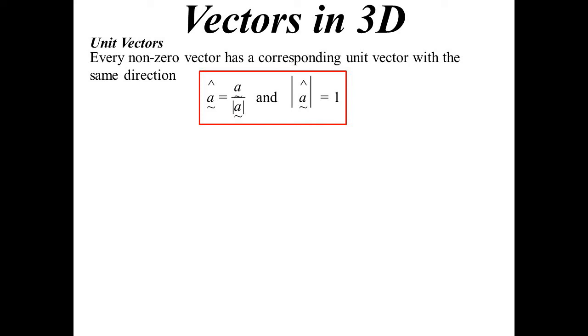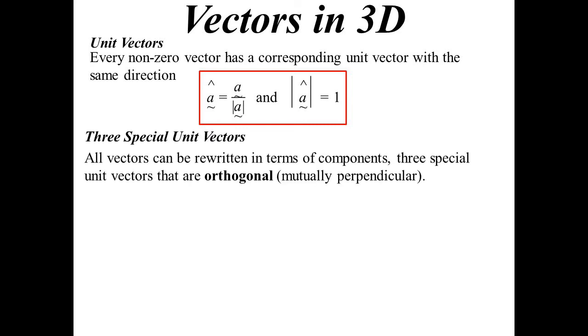If you want to find the unit vector, remember the symbol for the unit vector is the caret symbol above the vector, then it would be the vector divided by the length of the vector. There are 3 special unit vectors now because we're dealing with 3 dimensions. All vectors can be written in terms of its components, same as in 2 dimensions, as long as we pick these components that are orthogonal.